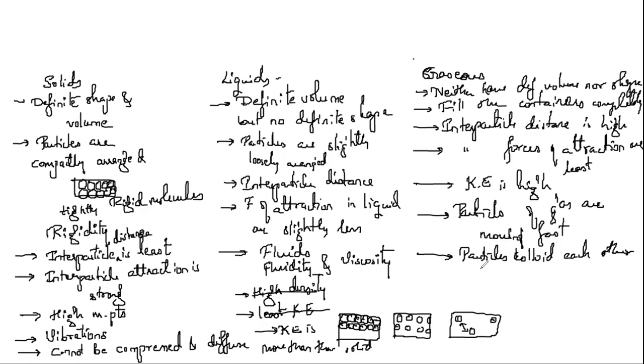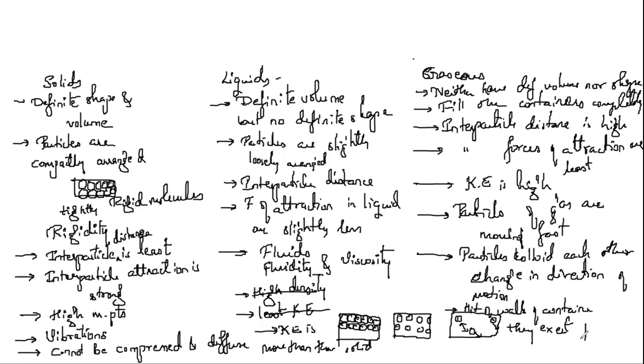There is a change in the direction of motion, correct? Or sometimes these particles, when they are moving very fast, may hit the walls of the container. So when particles collide with the walls of the container, what happens? They exert pressure.